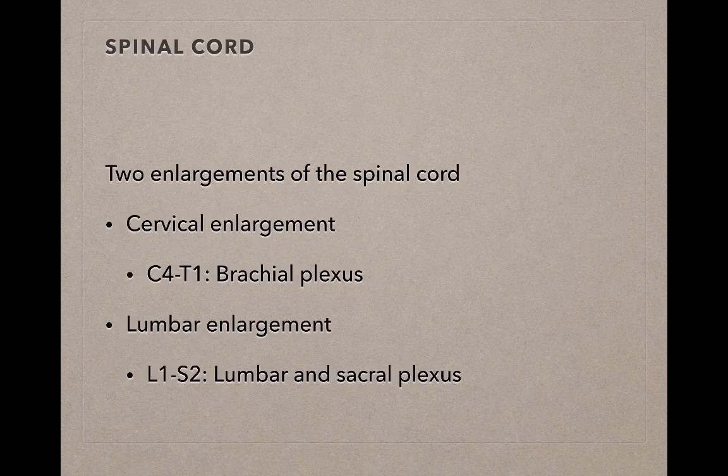These roots are going to divide into 2 main branches after exiting through the intervertebral foramen. The dorsal rami innervate the posterior muscles and the posterior part of the skin. The ventral rami will innervate the lateral and the anterior muscles and skin.